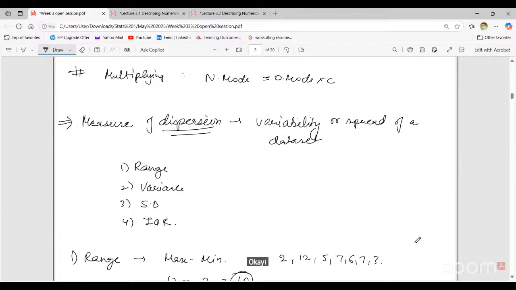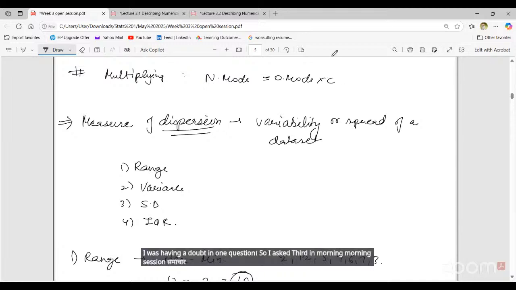My doubt was that median is only defined for categorical data, because in the morning class, sir told us that only categorical data have a median.